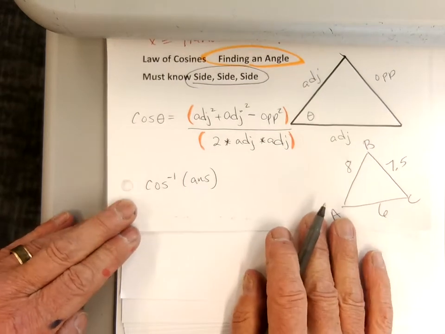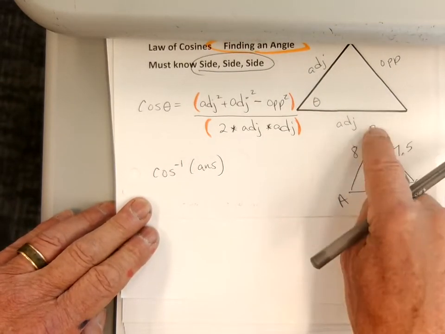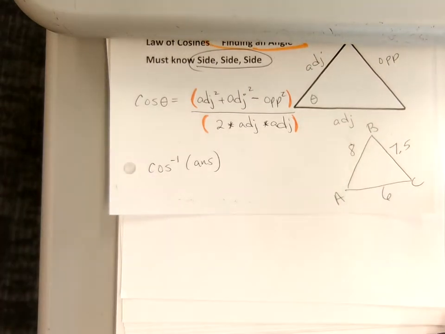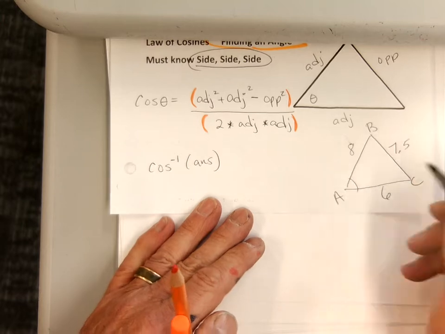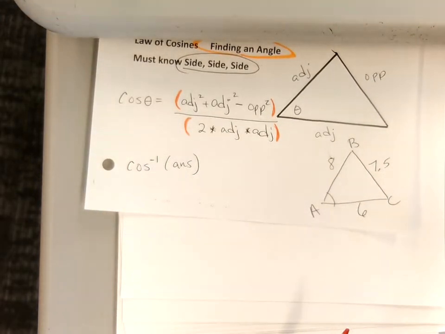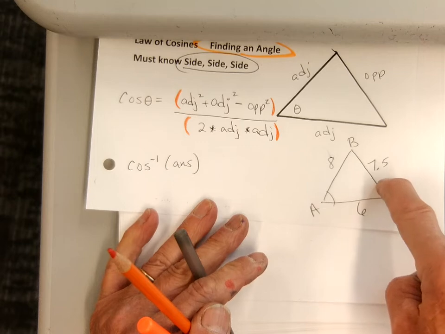So in this example, I have 3 angles to solve for, right? We have to get all 3. So we got to pick one to get. So I don't know, Blaze, which one do you want to find? A, B, or C? A. A it is. So what Blaze has done by picking A is he's made this side adjacent, and this side the opposite, right?